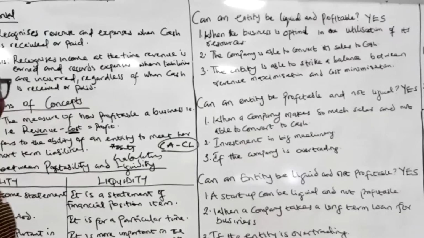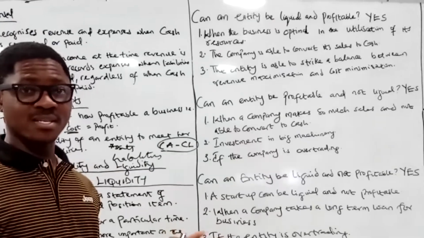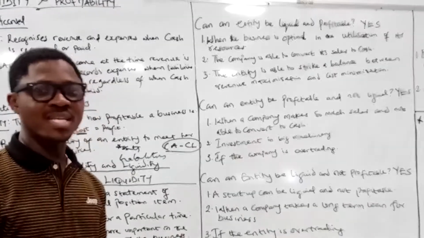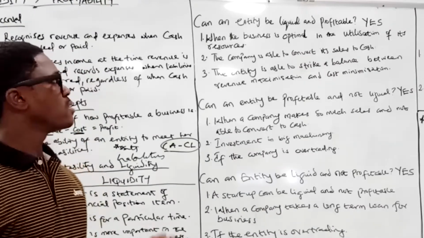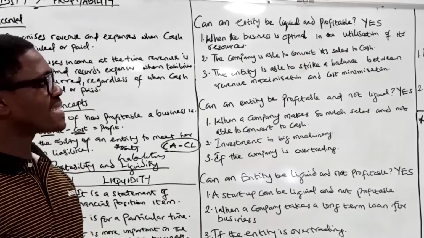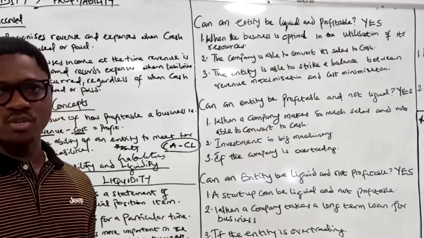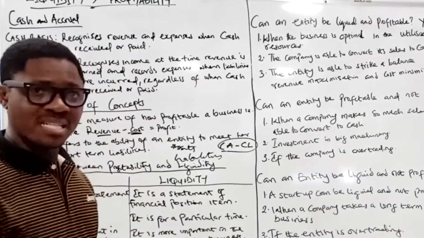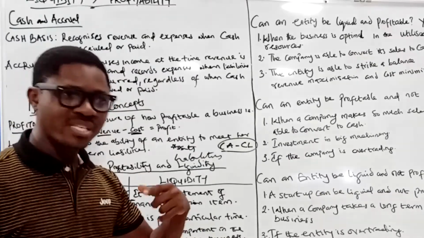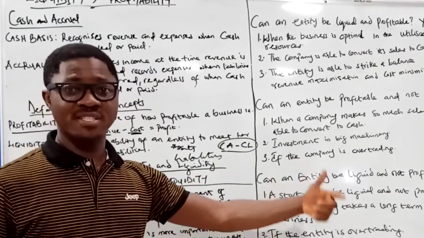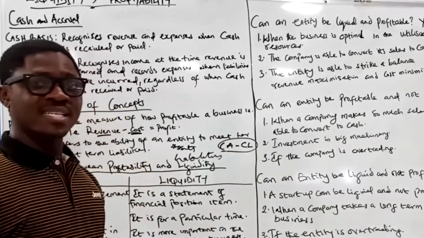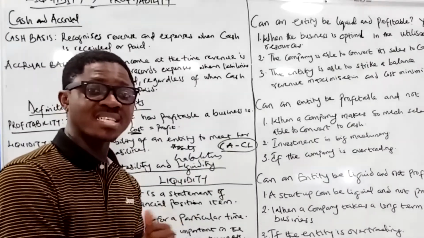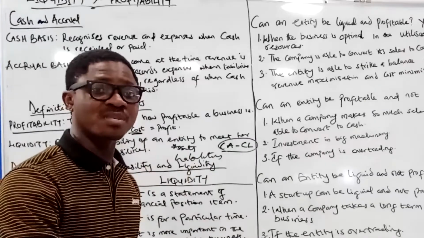Going to the first question, can an entity be liquid and profitable? The answer is yes. When is a company profitable and liquid? One, when the business is optimal in the utilization of its resources. What does this mean? The company has cash and is able to invest the cash into the business to make revenue. The company puts money into inventory, what it buys is translated into revenue, and the same revenue is translated into cash.